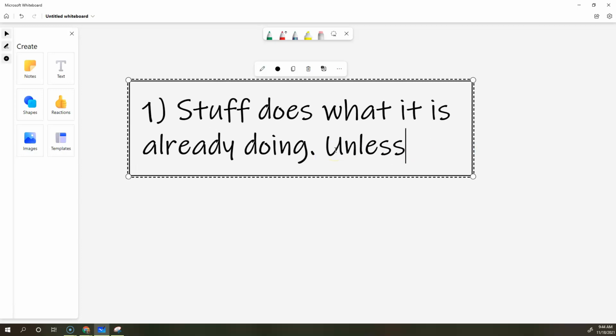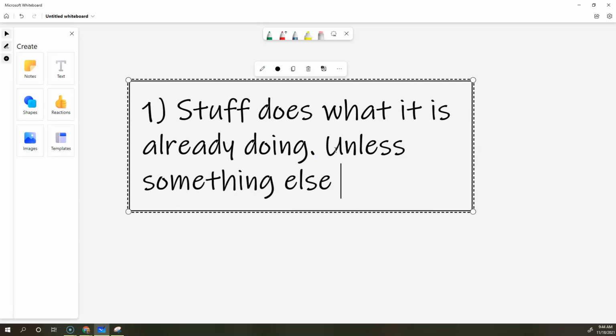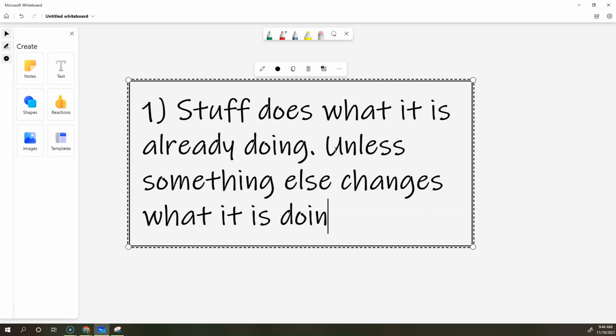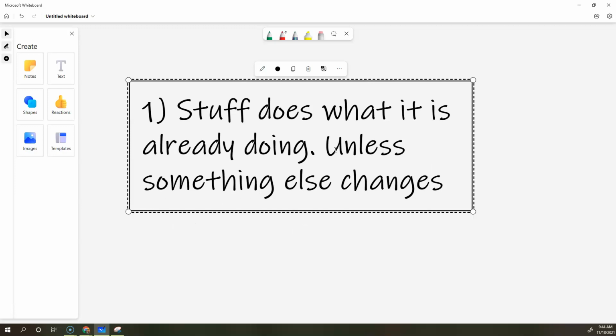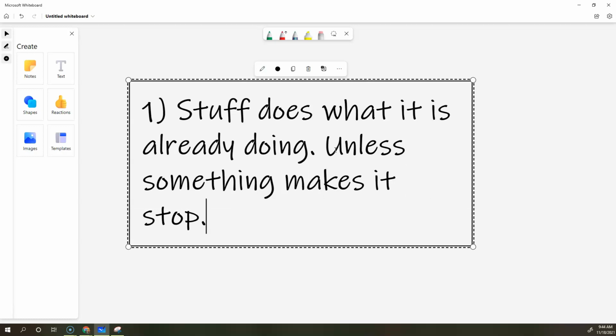I guess I should say, unless something else changes what it is doing, or unless something else makes it stop. There we go. So stuff's going to do what it's already doing unless something else makes it stop. Unless something else comes in and says, hey, you have to stop doing what you're doing, and you have to do something else. That's Newton's first law. Whatever stuff is doing, it's going to keep doing. It wants to keep doing it.